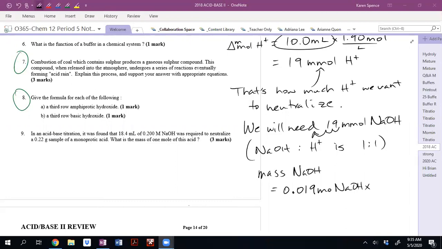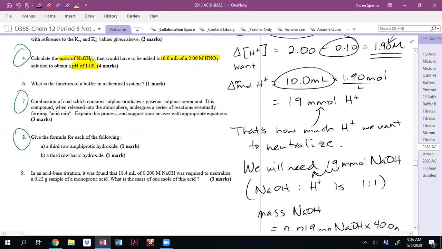We have 23 plus 16 plus 1 is 40.0 grams per mole. So 40 times 0.019 is 0.76 grams.